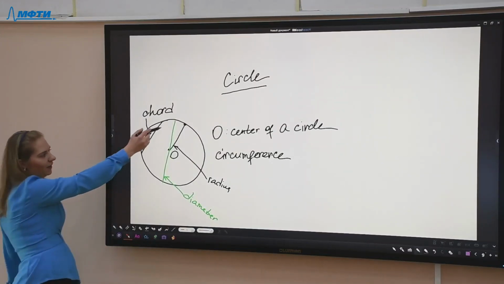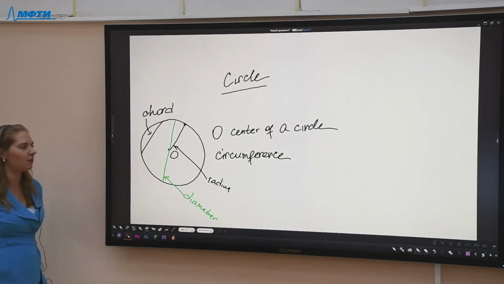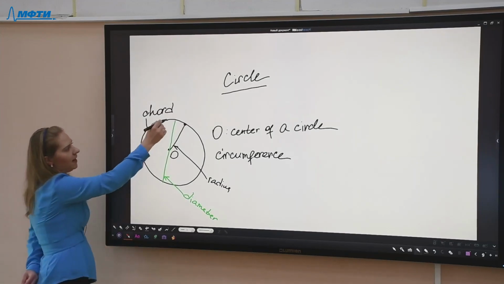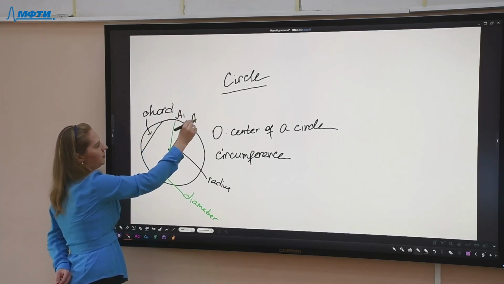And for example, here you can see an angle formed by two radii, let it be A1 and A2.